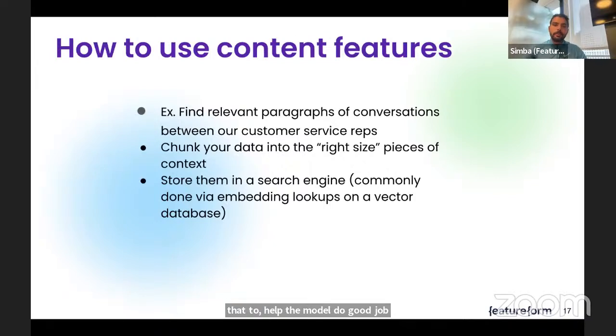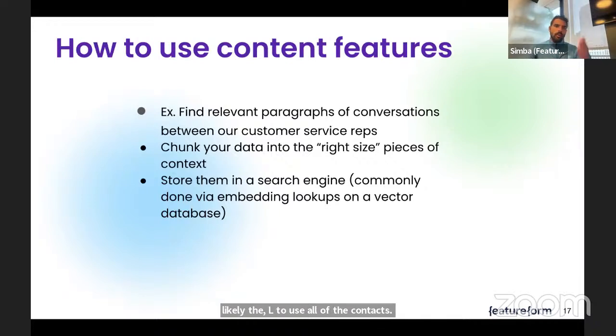But for the RAG perspective, you would chunk that data into the right size pieces. LLMs have context windows, and different LLMs have different sizes. In practice, the larger the context window, the less likely the LLM is to use all of the context.